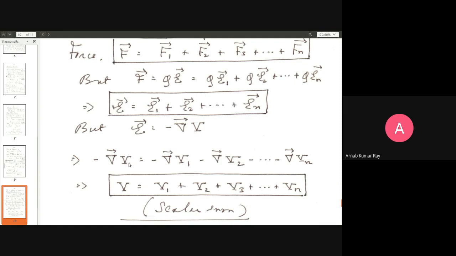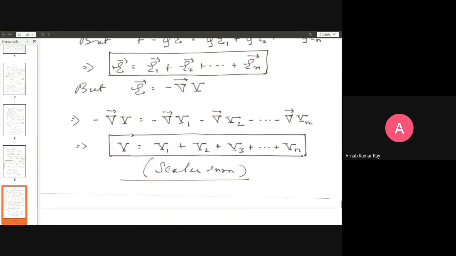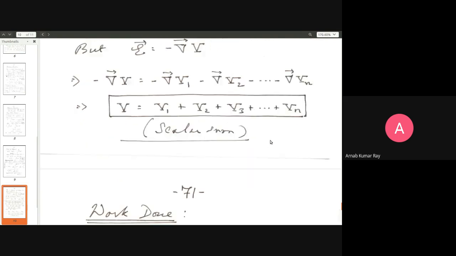Minus gradient of a scalar function V is equal to minus gradient of V1, and all the way up to this. The negative gradient is a common operator throughout. If you take the operator out, you're simply left with a scalar sum of all the potential functions. V is equal to V1 plus V2 plus V3 plus Vn.